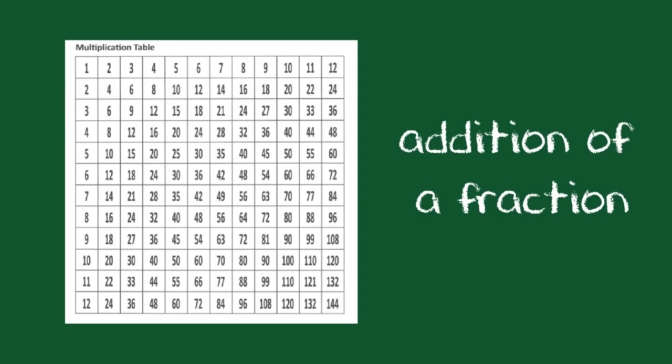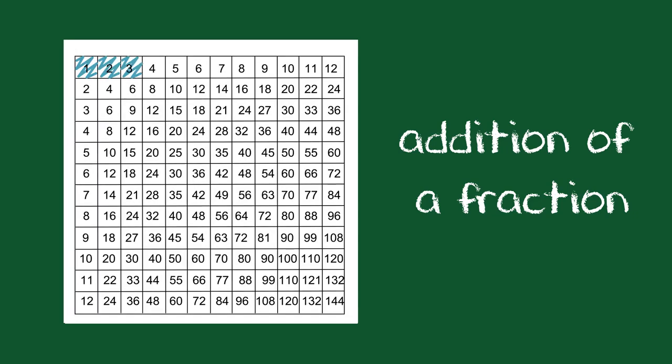Now, let's sing the song and follow along with the chart. Break it down like this, one time, like this. Here we go now. 1, 2, 3, 4, 5, 6, 7, 8, 9, 10, 11, 12. 2, 4, 6, 8, 10, 12, 14, 16, 18, 20, 22, 24.